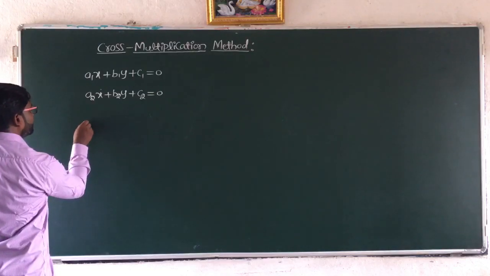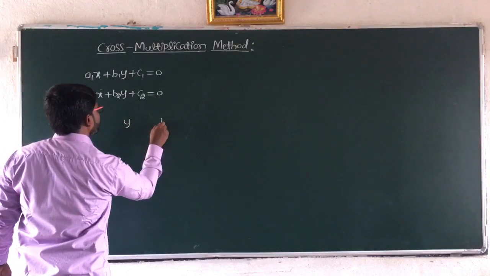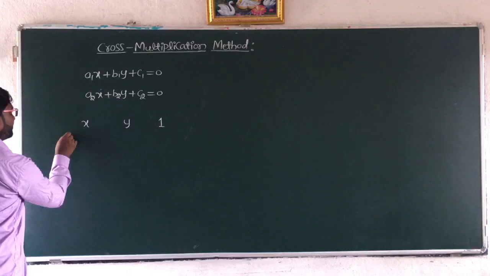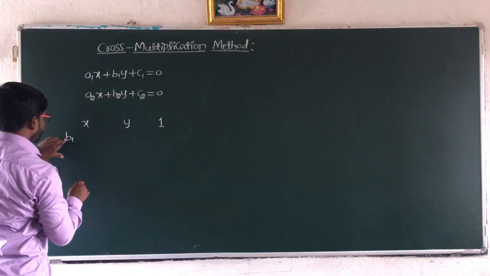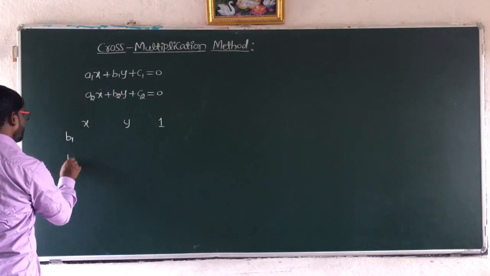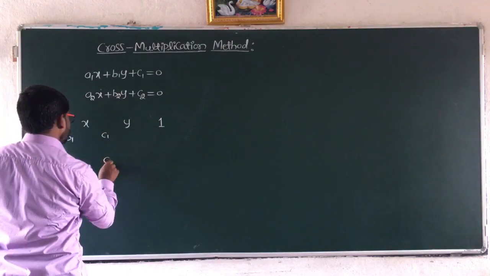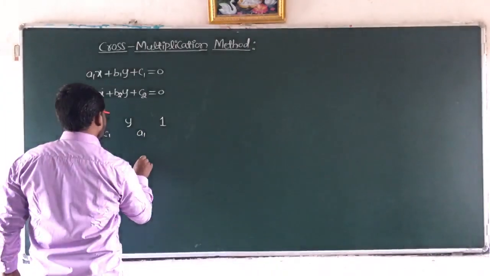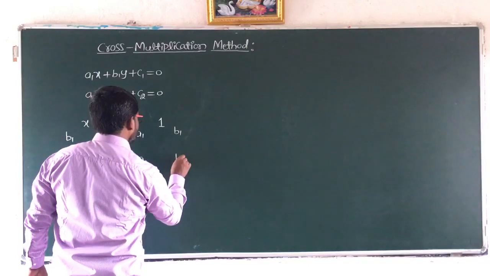We go for the arrow diagram: x, then y and then 1. Then here I write b1, b2, and then c1, c2, and then a1, a2, and then again at the end I write b1, b2.